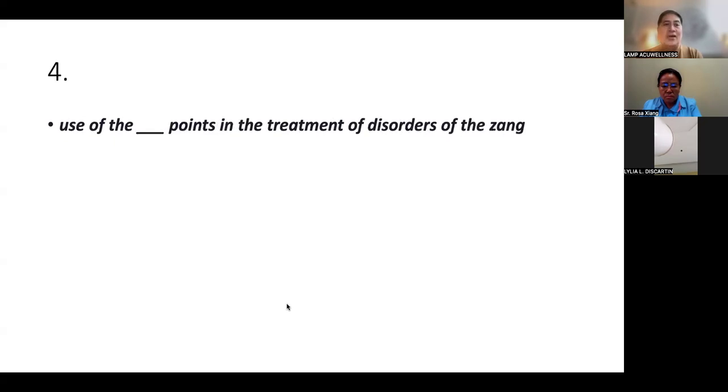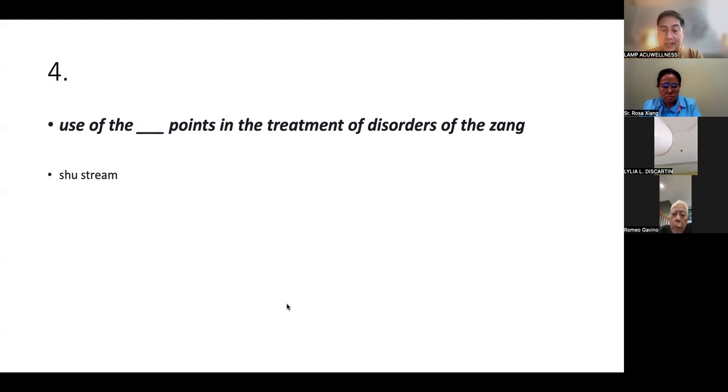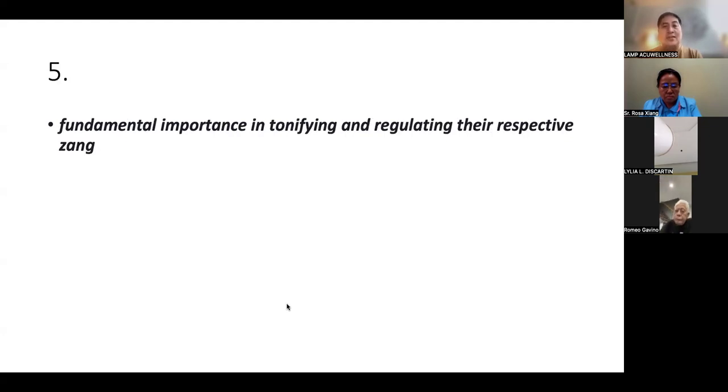Yuan-Source. Use of the blank points in the treatment of disorders of the zang: shu-stream. Remember, they're identical on the yin. Fundamental importance in tonifying and regulating the respective zang. Yuan-Source and shu-stream. Very good.